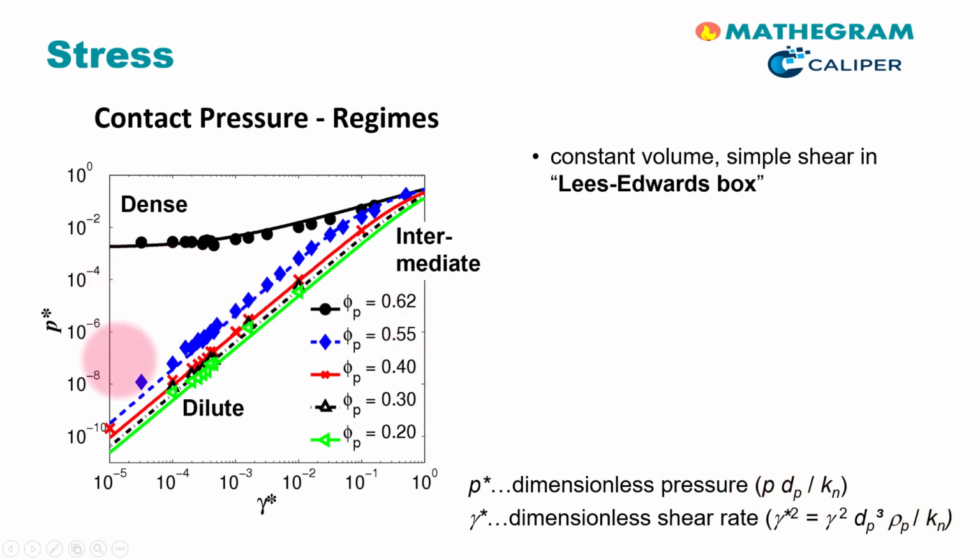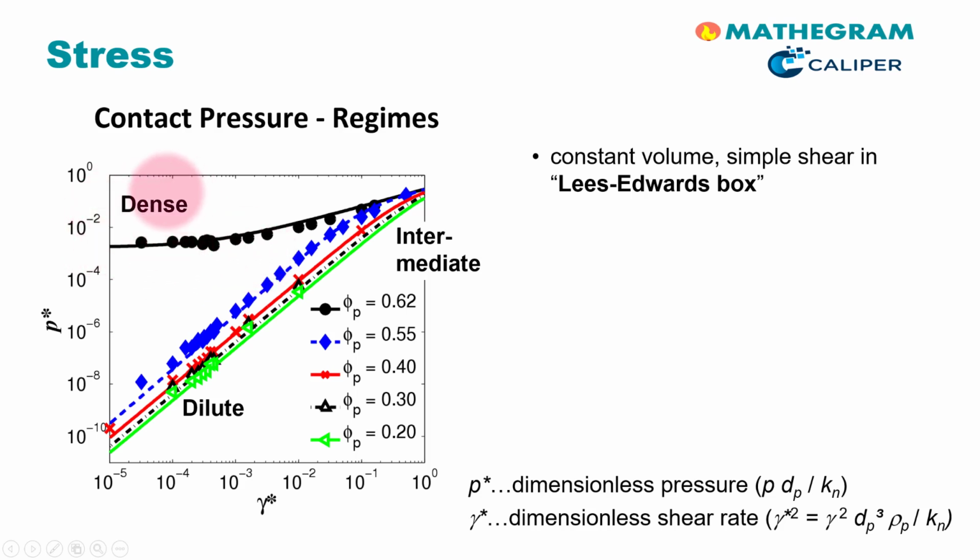As you can see, the logarithm of the pressure is linear in the logarithm of the shear rate only in relatively dilute flows, indicating that the kinetic stress we have mentioned before briefly dominates in this regime. Also, the pressure increases with particle volume fraction, which is quite intuitive. However, above a certain particle volume fraction, the stress regime changes as illustrated by the black curve.